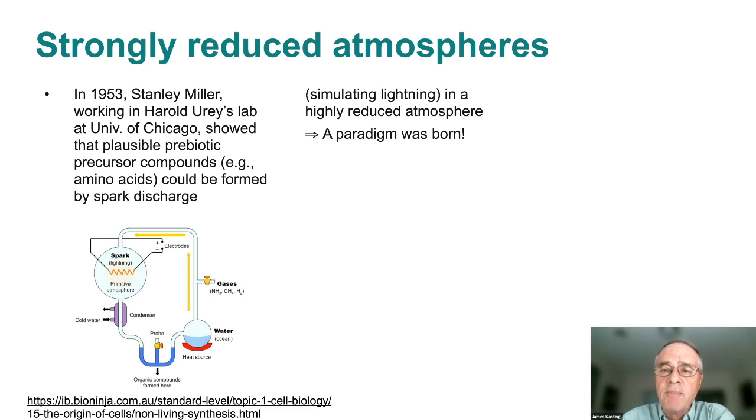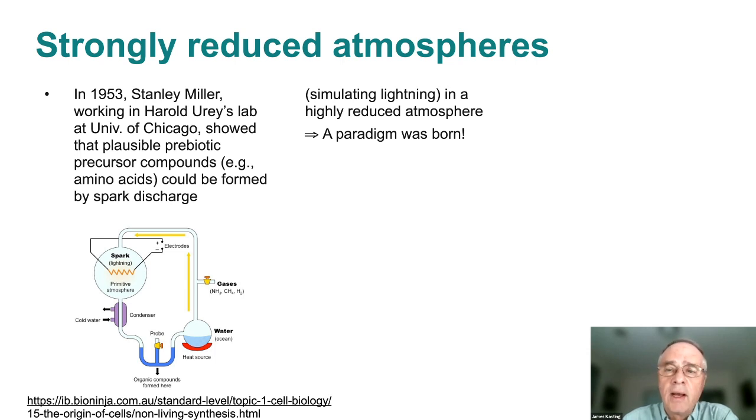This is the famous Miller-Urey experiment, where Miller, as part of his PhD thesis work, created highly reduced mixtures of gases and then ran spark discharge through them, simulating lightning in a highly reduced atmosphere. And the results of these experiments were widely publicized. They produced amino acids, all sorts of compounds that are building blocks of life.